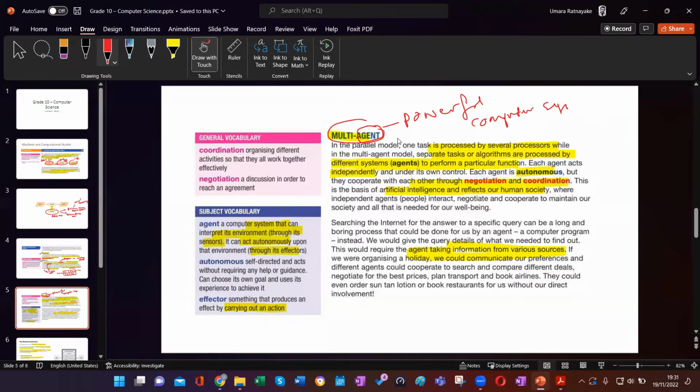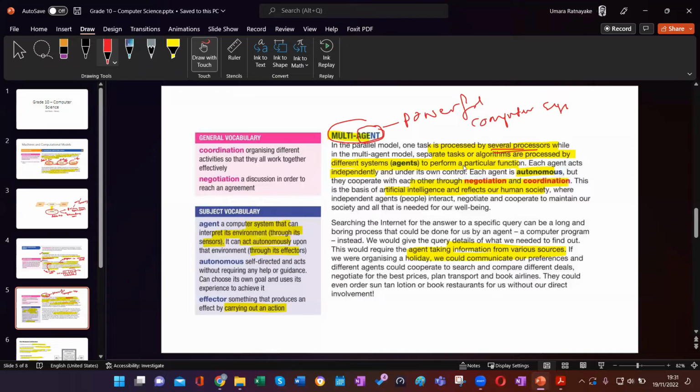These are also distributed systems, but they can be distributed among large locations, maybe several countries. These systems may have several processors, multi-processor environments.